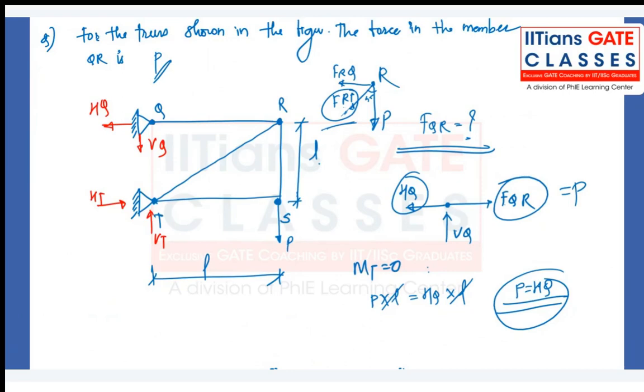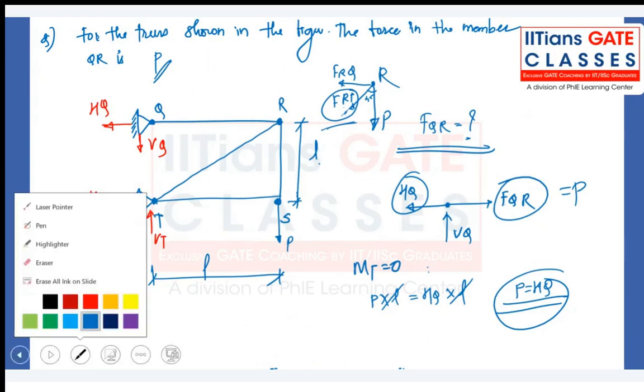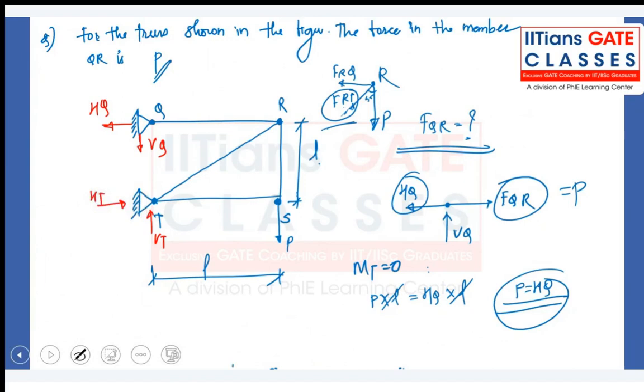We got a question here from Kanishk about the HT direction. You want to take HT in this horizontal direction? Take it, no problem. Don't worry about the direction. If in the answer you are getting negative, it means whatever direction you are considering is incorrect, you just have to change it.